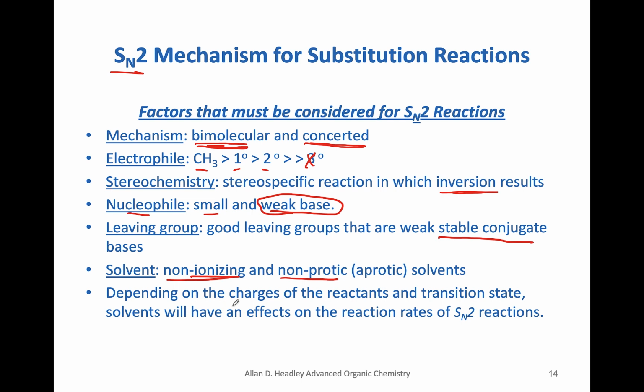And depending on the charges of the reactants and transition state, the solvent will have an effect on the overall reaction rates for the SN2 reaction, because that will dictate the energy gap for the energy of activation.